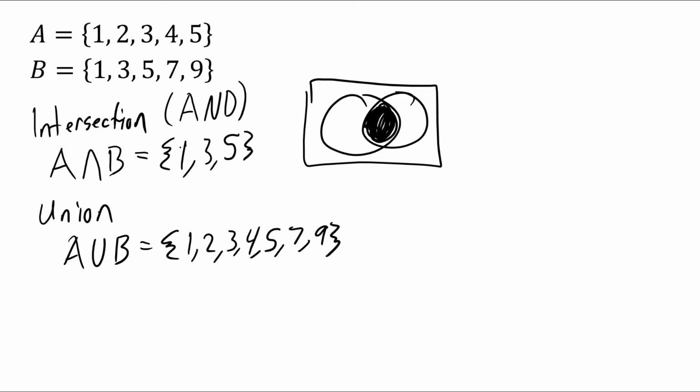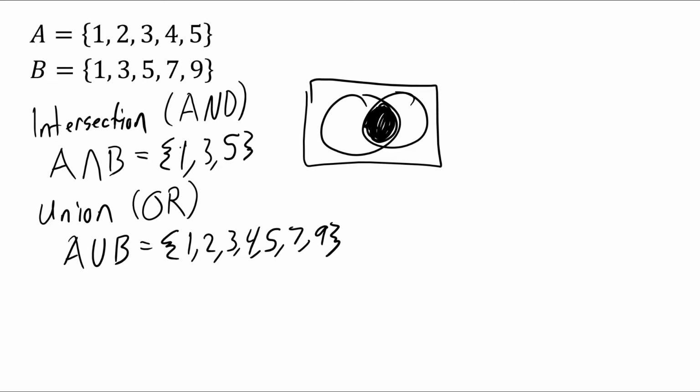The union we often say is like the word or. It is anything that's in A or anything that's in B. Now, in math, the word or is used differently than it is sometimes in everyday language. For example, if a mother told her child they could have either a cookie or a cupcake, what that mother probably means is that they could have one or the other, but not both.